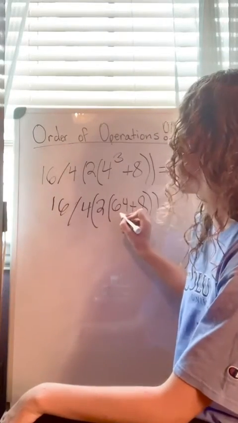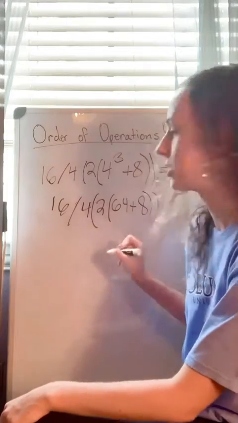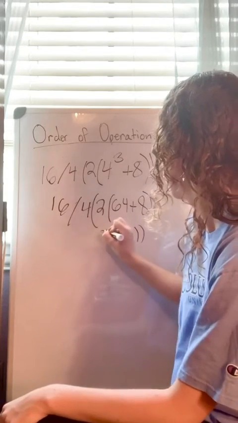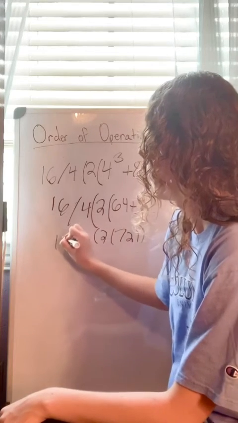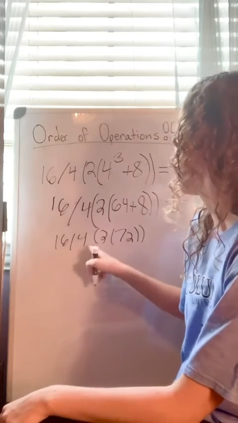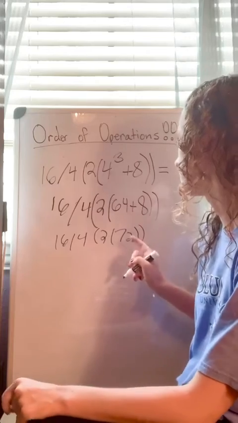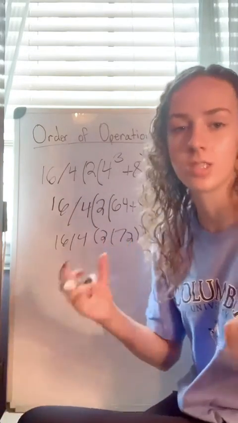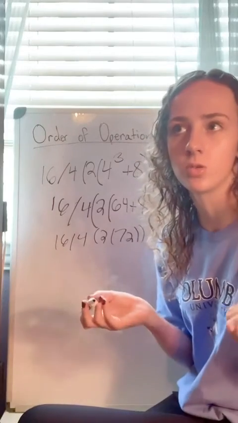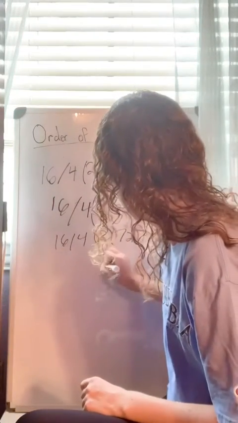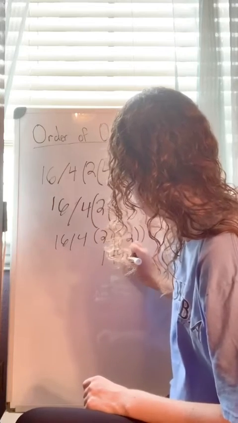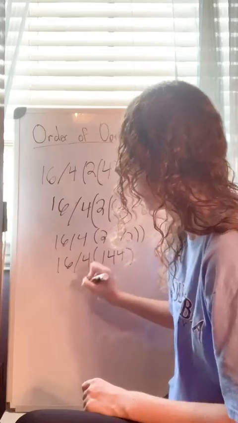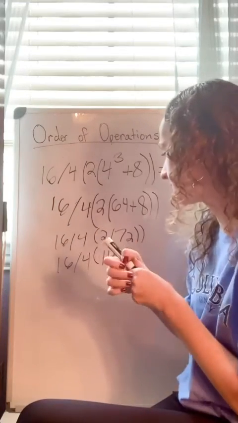We add 64 and 8, which is 72. Doing that within the parentheses, writing our 2, now we have 16 divided by 4 times 2 times 72. Since we have another set of parentheses, we do the operations within them, which is 72 times 2, which is 144.